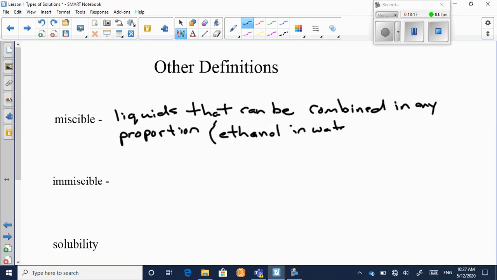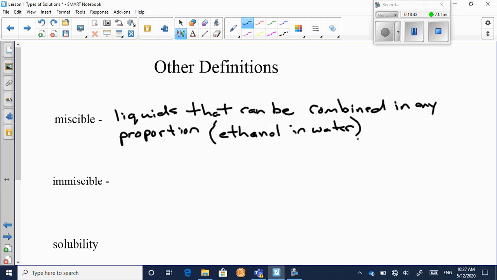You'll learn a lot more about the different types of alcohol next year in grade 12. Ethanol is actually the alcohol that is in alcohols that you drink. And sure enough, beer is 5%, wine is maybe 10 to 14%, harder liquors can be upwards of 20 to 30. Basically what it's saying is that it doesn't matter what proportion, it will always mix.